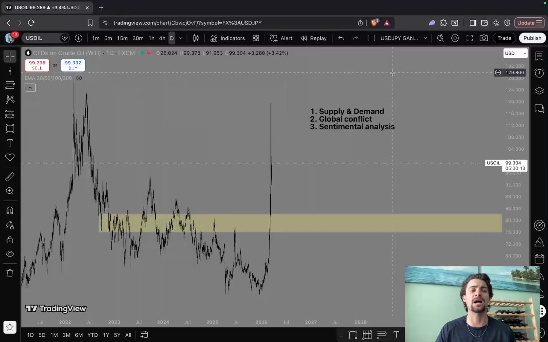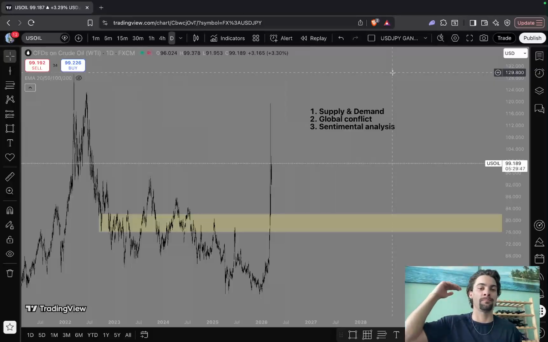When the supply got disrupted, meaning they weren't letting any oil tankers through that strait, that basically means 20% of the supply was getting cut off completely. Now, what do you think that does to price? If the demand stays the same, okay, then prices go up. Because the supply goes down, the demand goes up, prices have to go up in price.